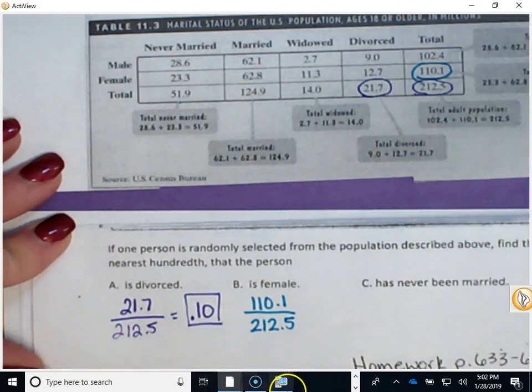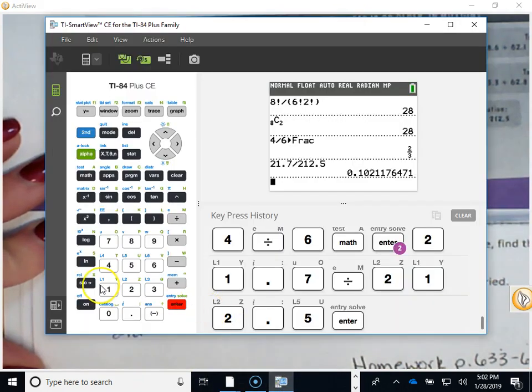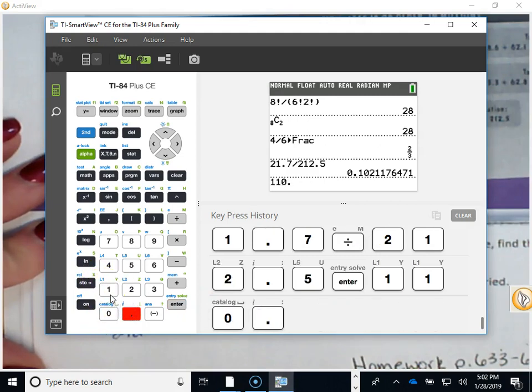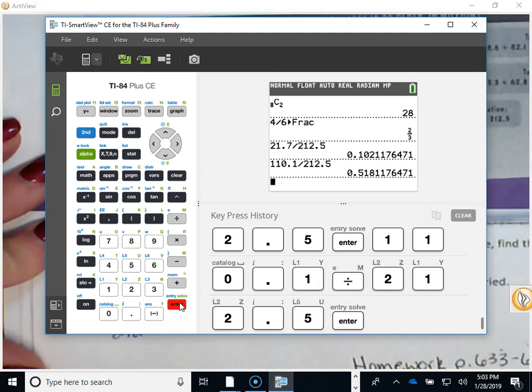So we just type that into the calculator. 110.1 divided by 212.5, and we get that decimal.